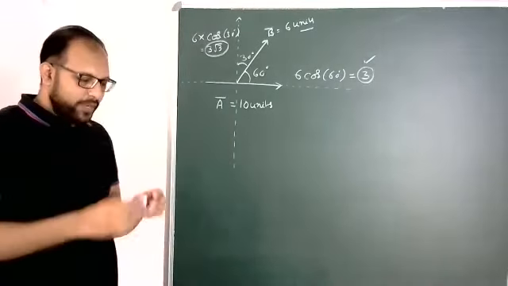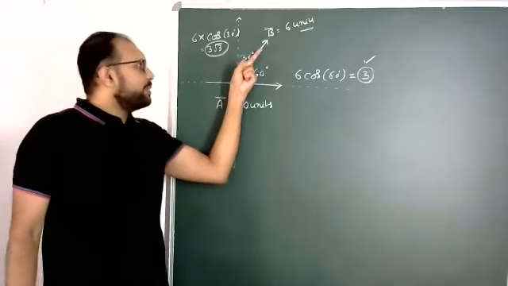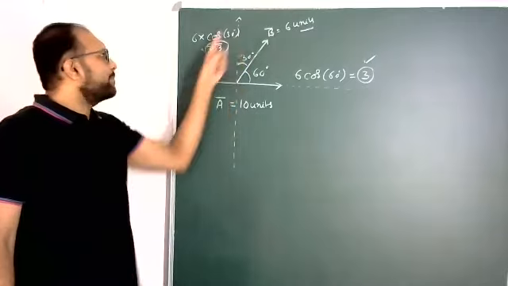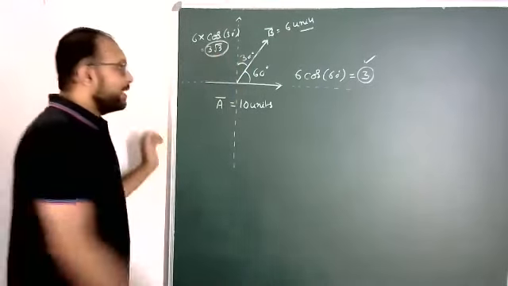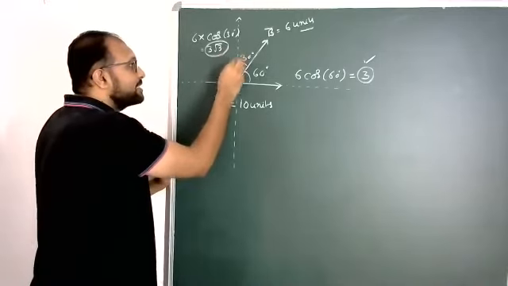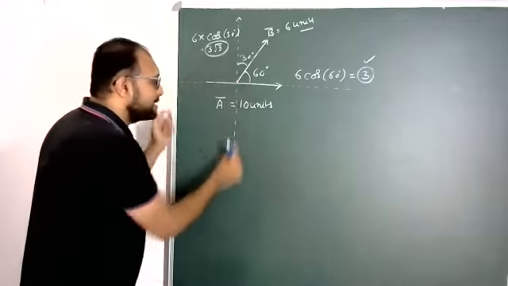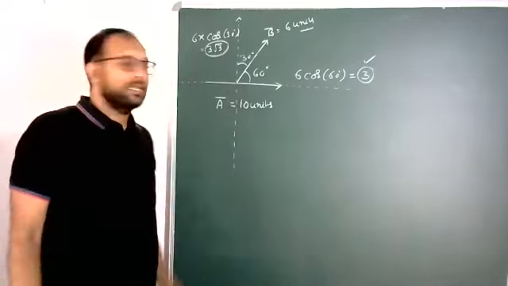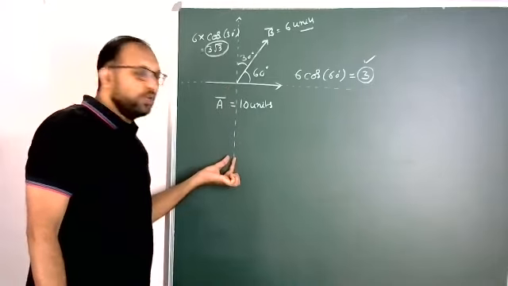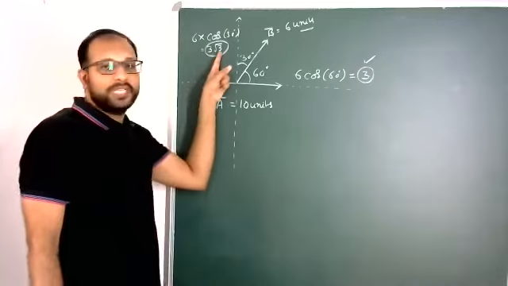Now some students are confused. This is B bar. Okay, its component is 3 and its component is 3 root 3. But instead of this component, may it have some component along this line? Some students doubt that. This line has no component because already this line's component is 3 root 3.